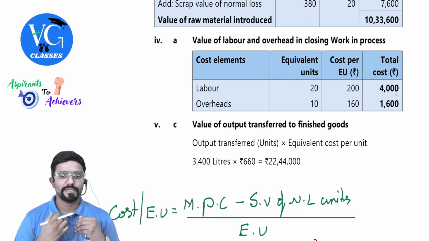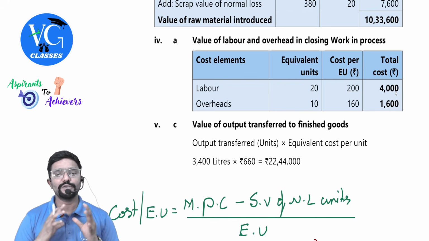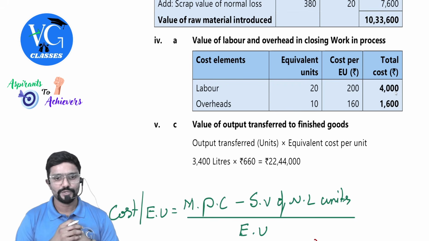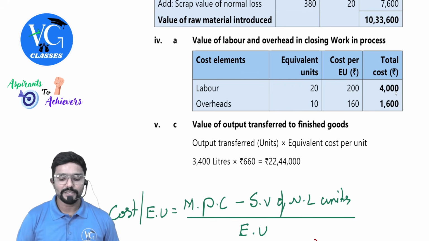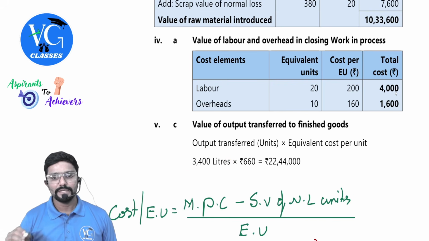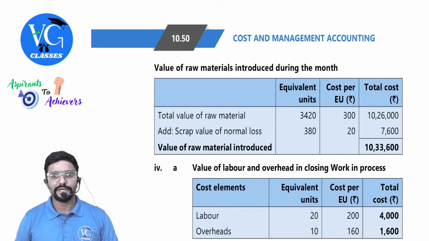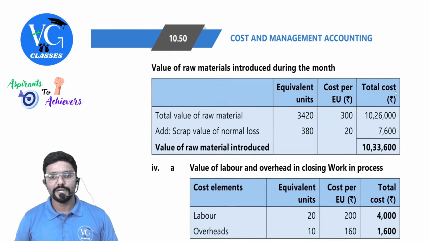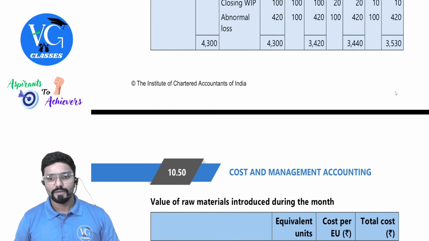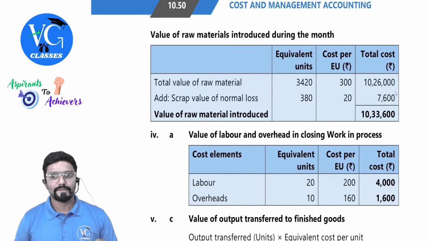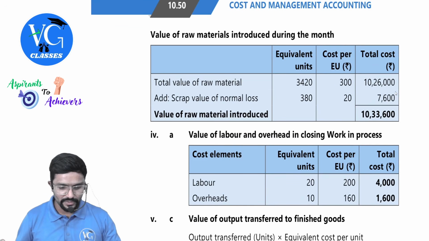5,600, guys. Then the last one: value of output transferred to finished goods. Output transferred is how much? 3,400. And what is the cost per equivalent unit? It is 660. Whatever is given in the question, you need to add up.